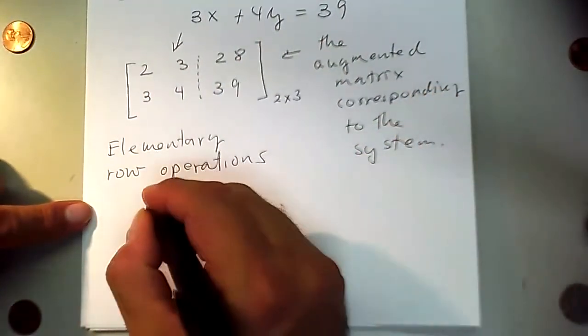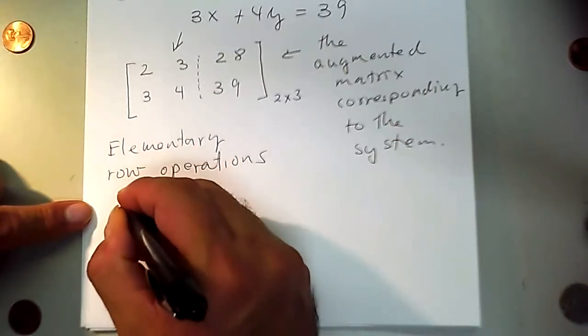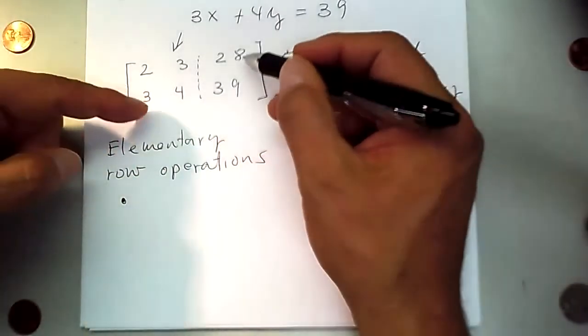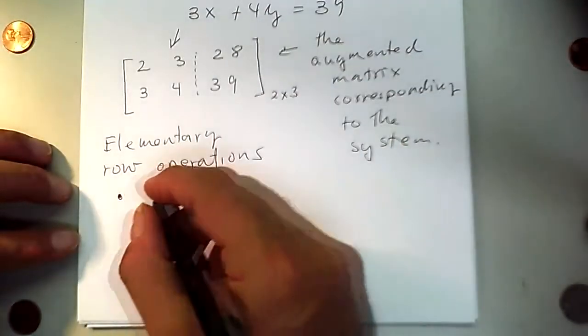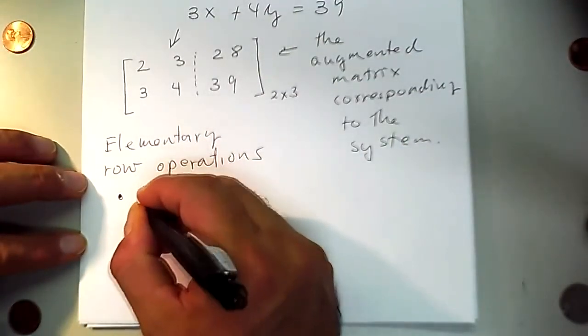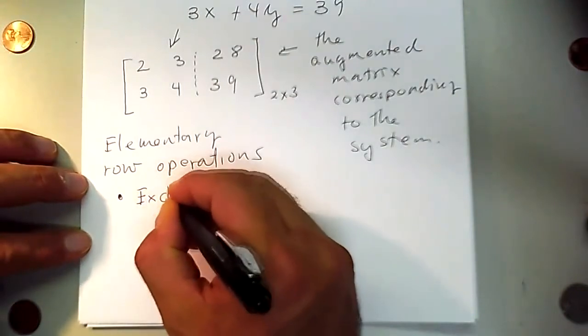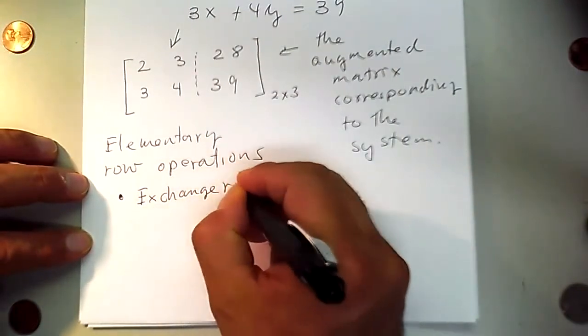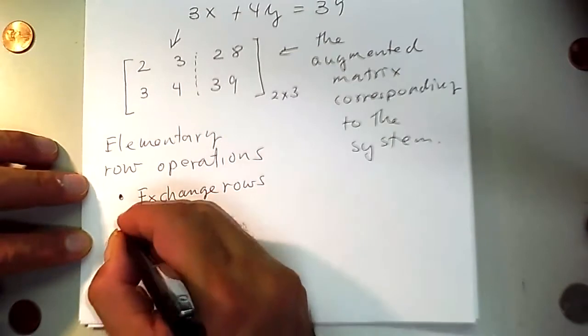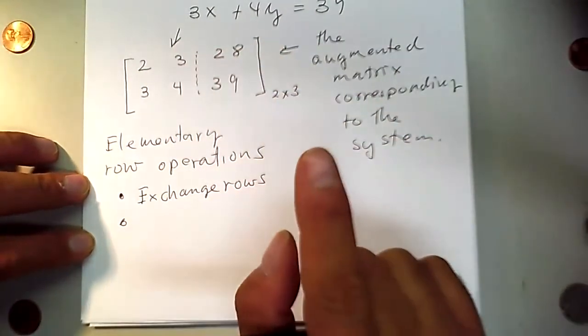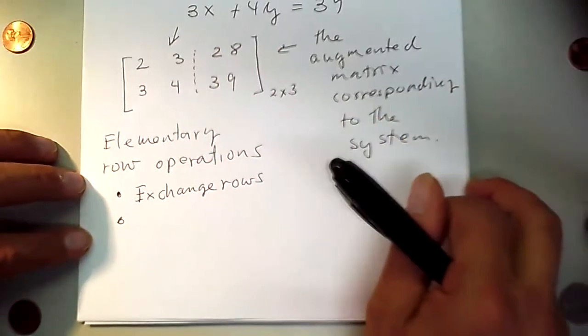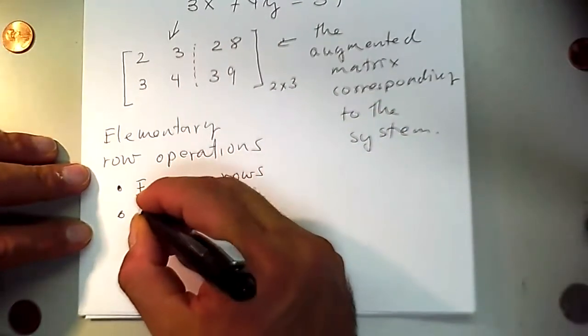Anyway, so there are 3 row operations. One of them is we can exchange rows at any time. So one operation is to exchange rows. We can multiply any row by any non-zero number. The number we multiply by has to be non-zero.